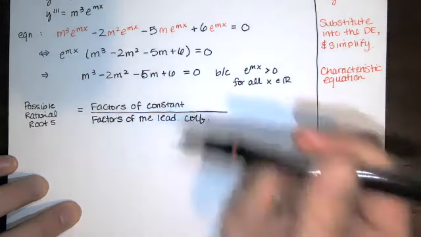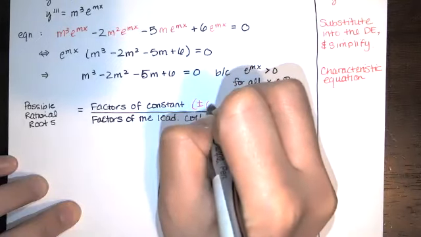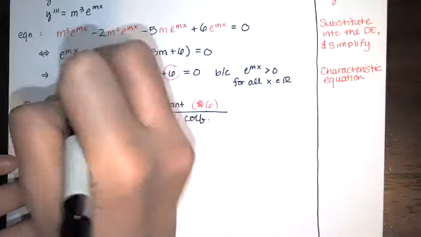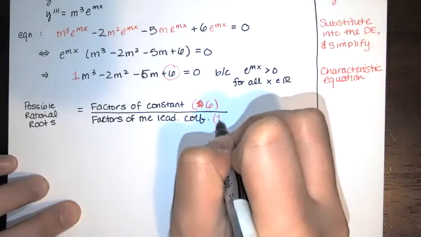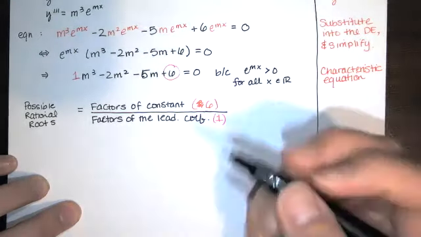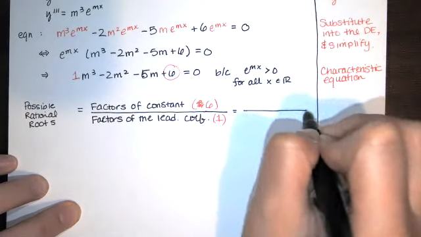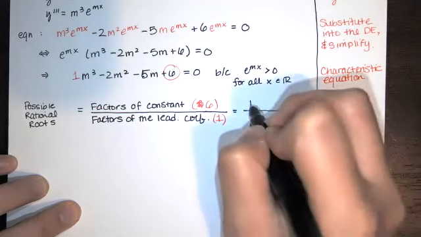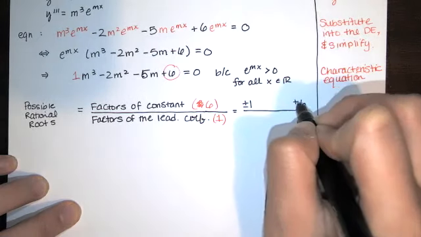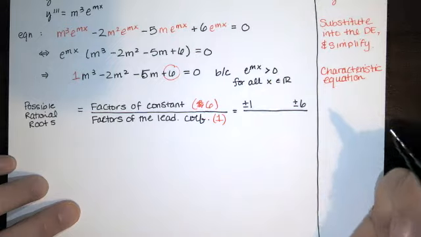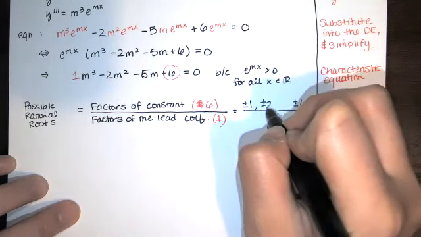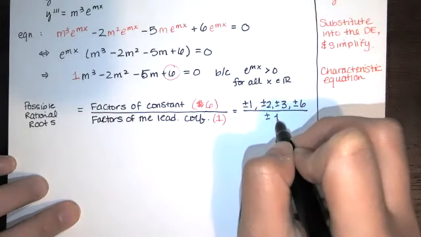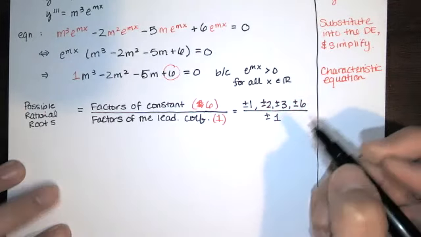The factors of the constant are the factors of 6 in this case. 6 is the constant term, and the leading coefficient is 1, so we want the factors of 1. Well, we could take 1 and 6 and multiply those to get 6, or we could take -1 and -6. So two factors are plus and minus 1 and plus and minus 6. Plus and minus 2 and plus and minus 3 will also work. And the factors of 1 are plus and minus 1.